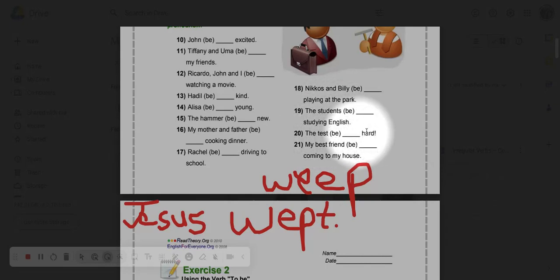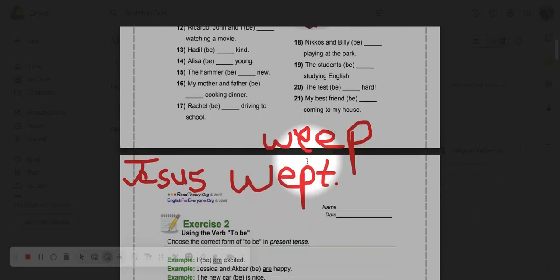The test is hard. It is hard. And then finally, my best friend is coming to my house. We don't know the gender of the best friend. It could be he is coming to my house or she is coming to my house. But it's one person, so the verb is is.